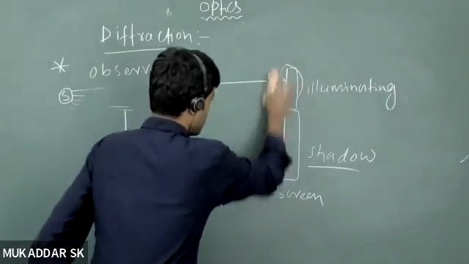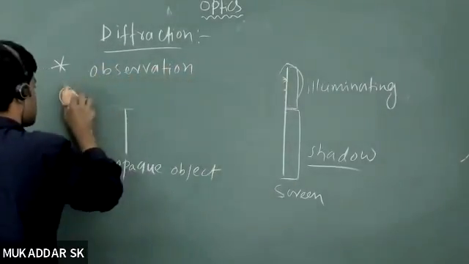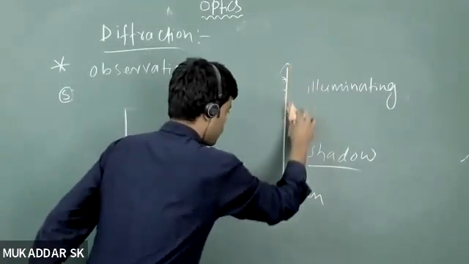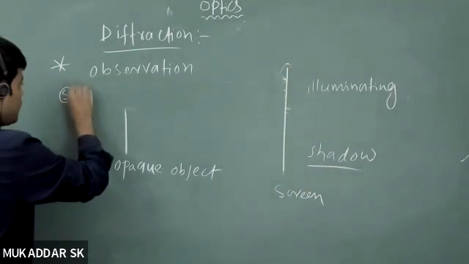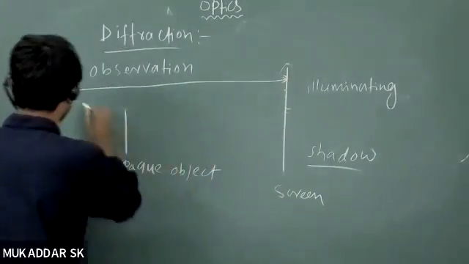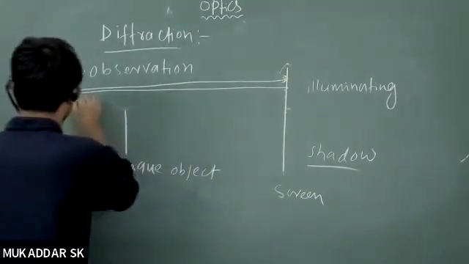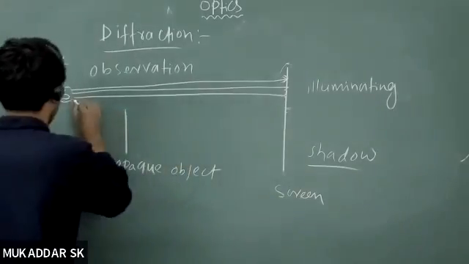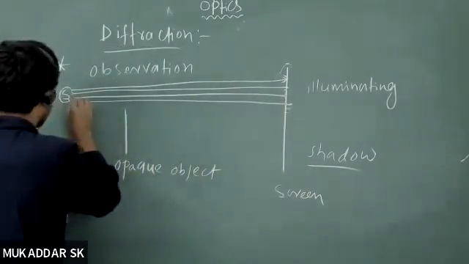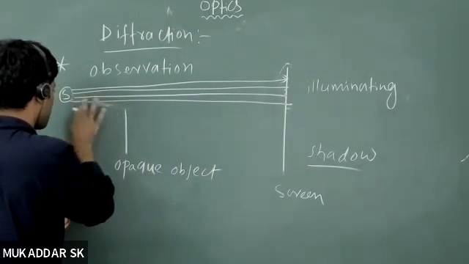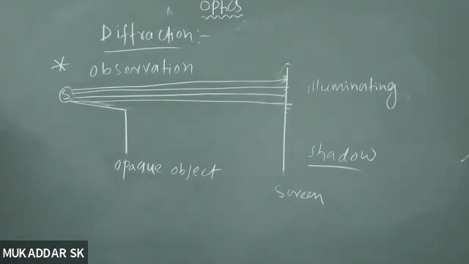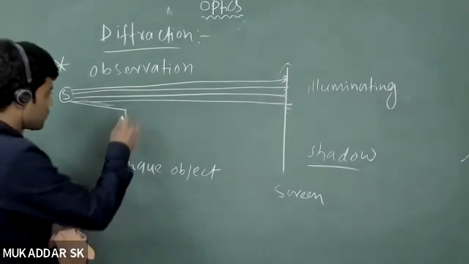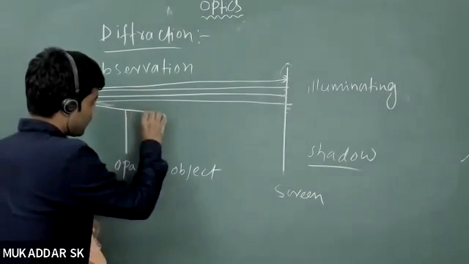We have observed that light will not always travel in a straight line path. Now experimentally, what has been seen? This part you are getting bright on the screen. That's fine. But the ray that strikes the edge of the opaque object, this ray is not traveling in a straight line. So this ray is actually entering that forbidden region.